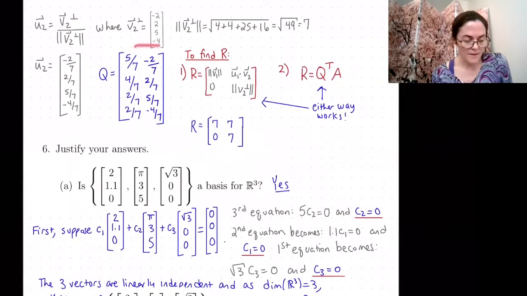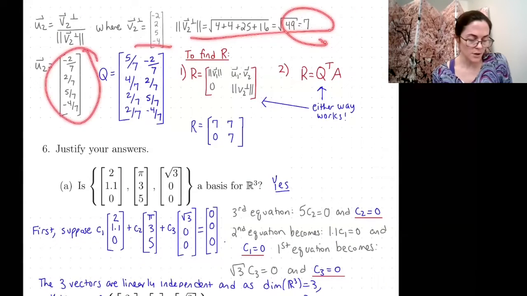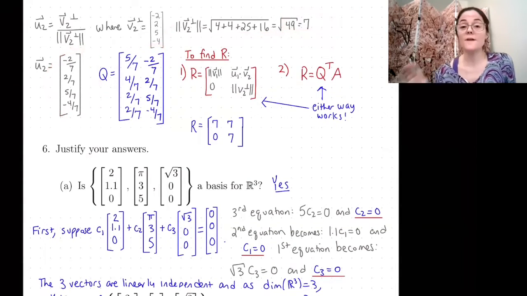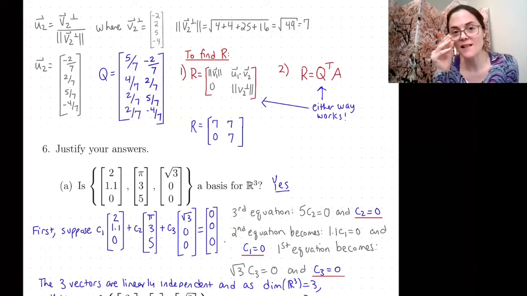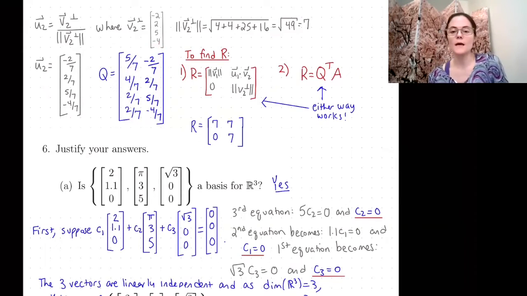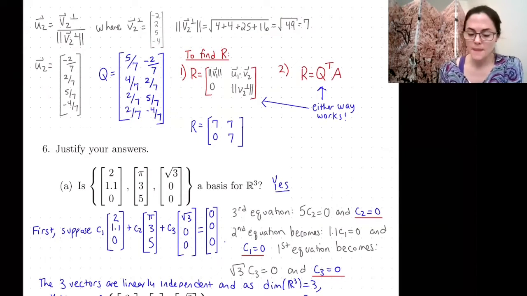I recopied this, calculate its length. We also get 7. Here is U2. Just take this vector, divide by 7. And finally, in terms of finding Q, we just put U1, U2 as my two columns. This is the matrix Q. But here's where I mentioned you have two different ways to find R.